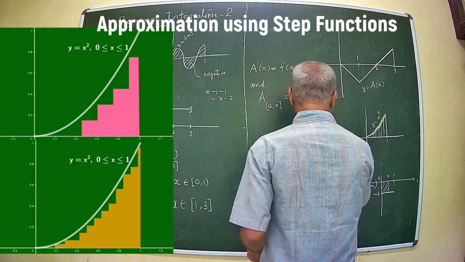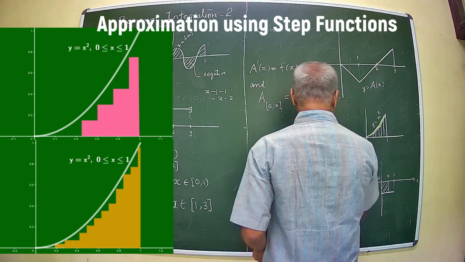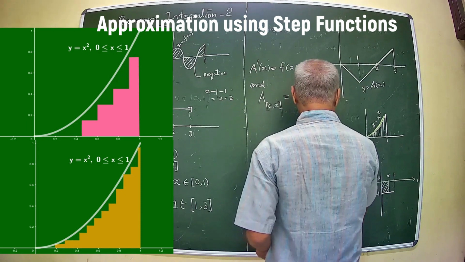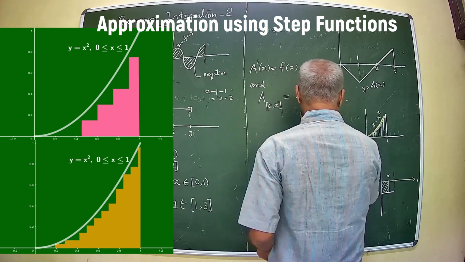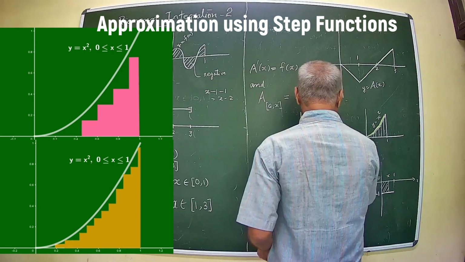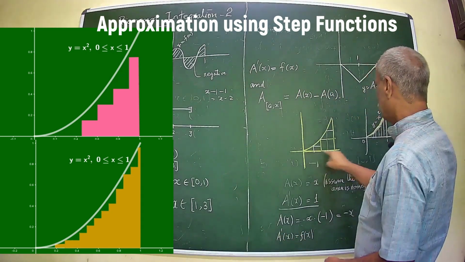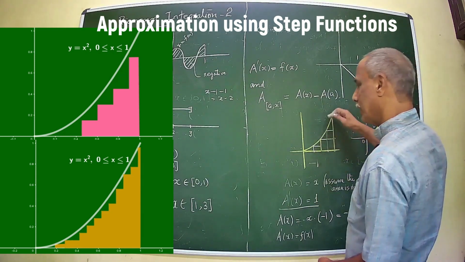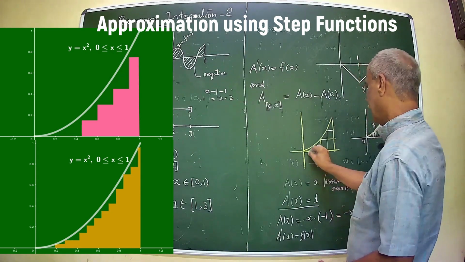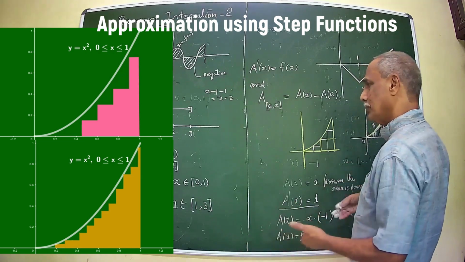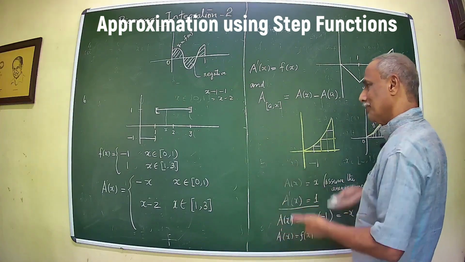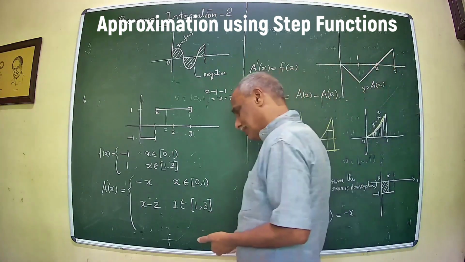Now I approximate it more closely. What do I do? I introduce an additional point here, and then you see that I have this one, I have this one. Now you see that the new approximation takes care of more area under the curve. And then again you subdivide and keep on choosing step functions.